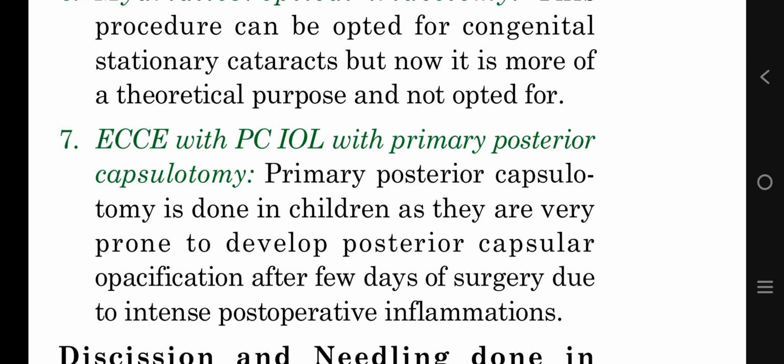So in this case, we remove the posterior capsule. In adults, we do not remove the posterior capsule because there are fewer chances of postoperative inflammation, but it is seen in children.